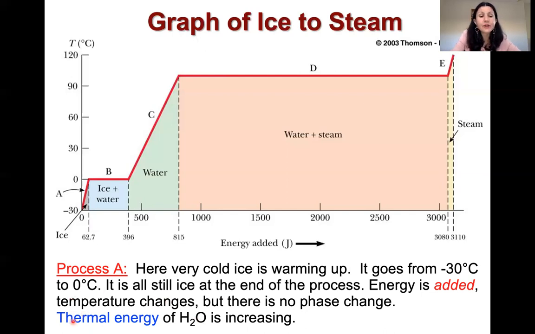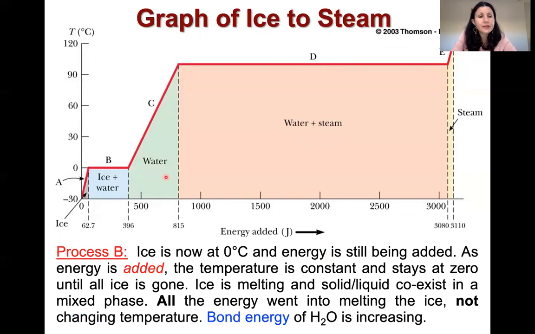We're calling it thermal energy because we're associating it with the change in temperature. So thermal energy will always be associated with a system which is changing temperature. When thermal energy changes, so must the temperature, and it has to be changing in order for the temperature to be changing. So in process A, the thermal energy of H2O is increasing.